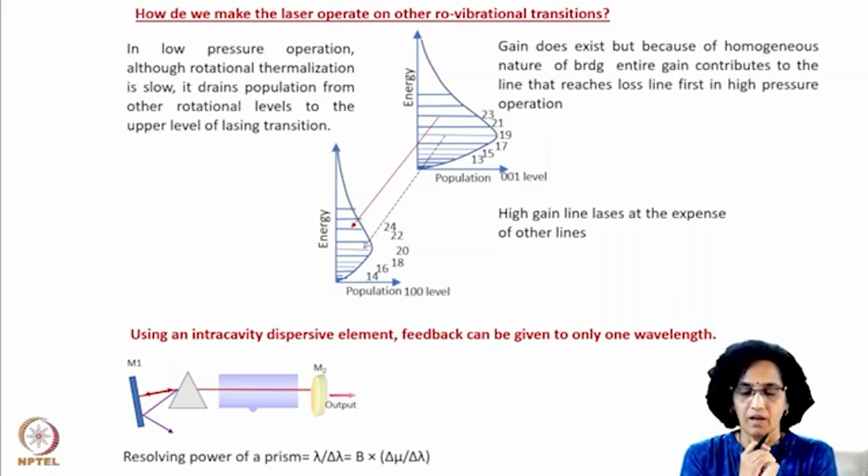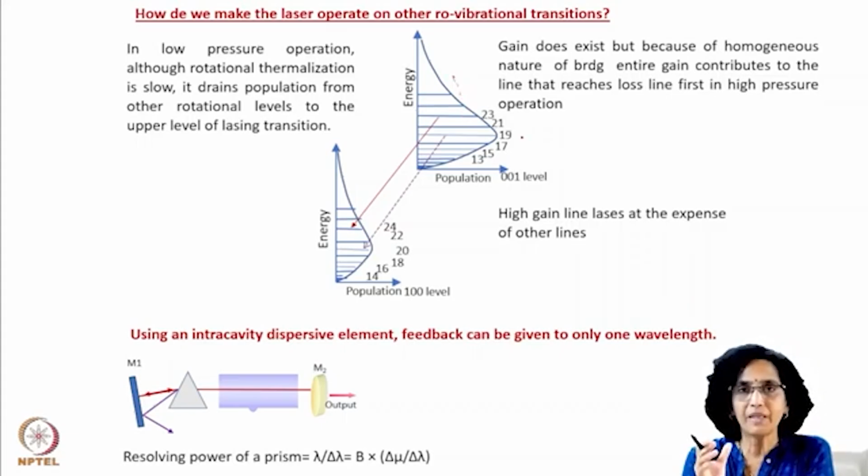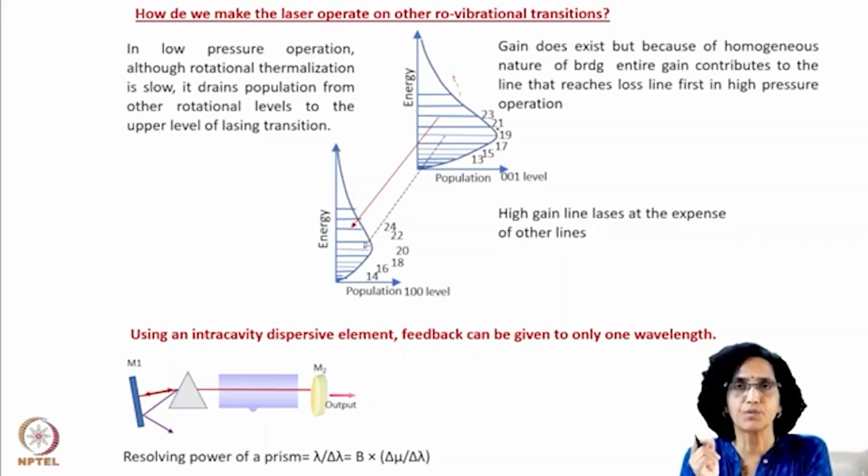Now, you see, when the gas mixture is pumped inside the discharge, we are creating population all through, right? There is a vibrational population inversion. We are populating the upper vibrational levels in 001. But then the problem is that because of the rotational relaxation in the high pressure as well as in the low pressure, the one which starts lasing continues to lase.